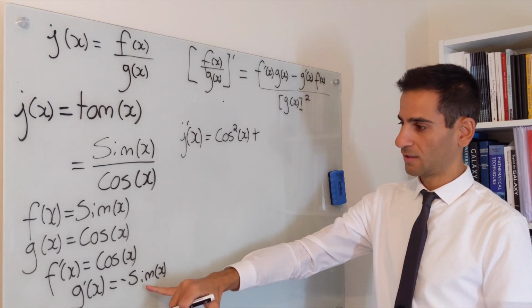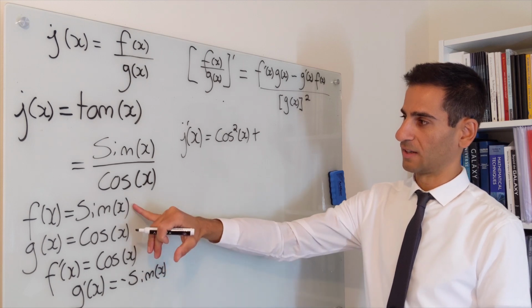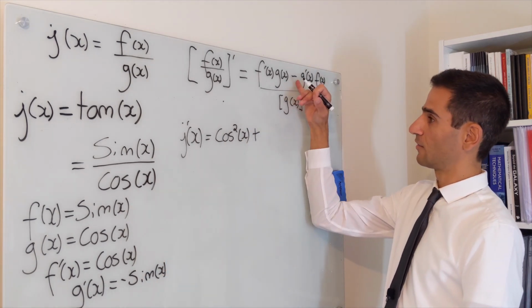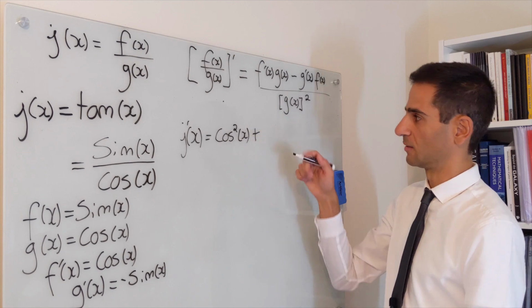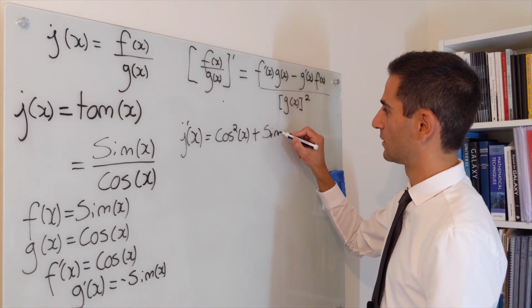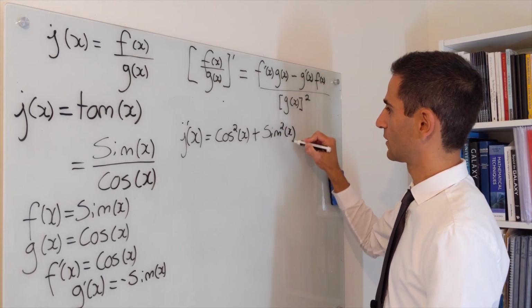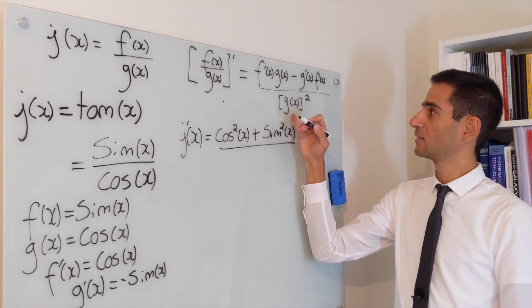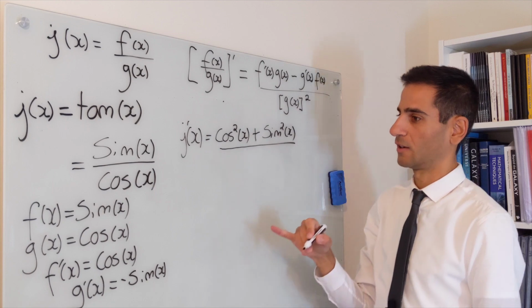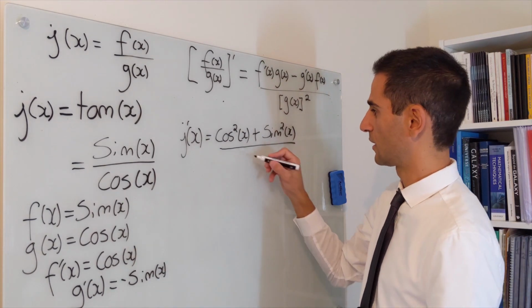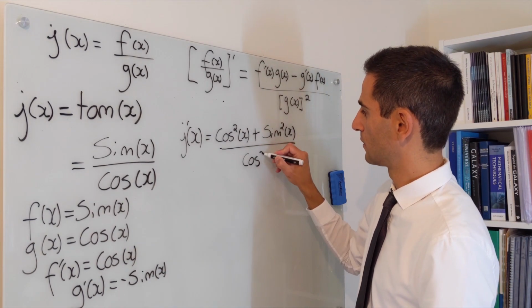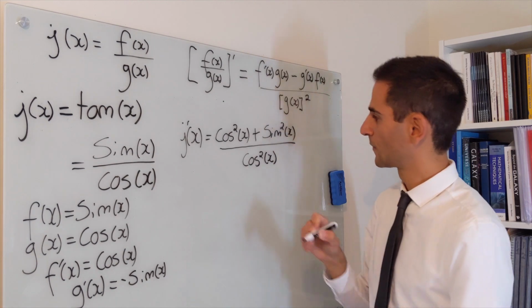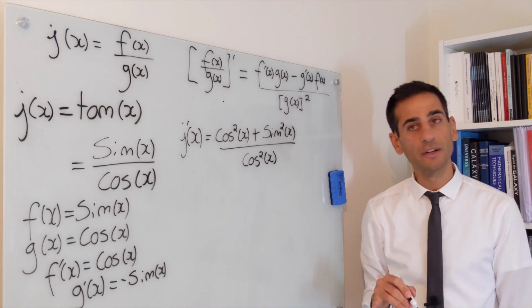In this case, it's minus sine x times sine x. Because we have a minus, these will cancel and become plus. So we can write sine squared of x, and then we're dividing by g of x squared, which is cos of x squared.